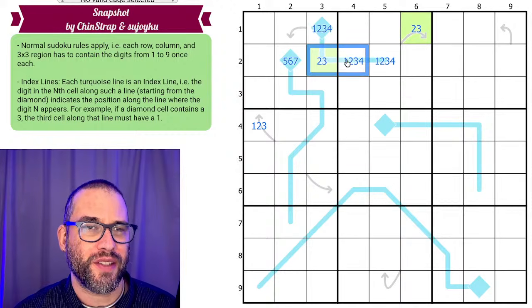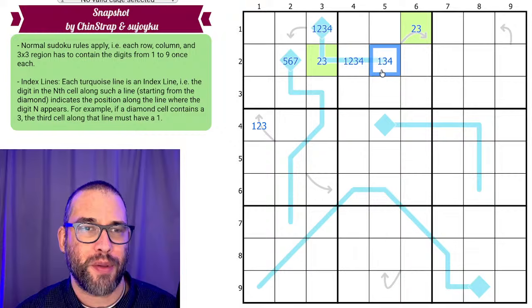So this is going to put a 2 in one of these cells. Either way, this can't be a 2.